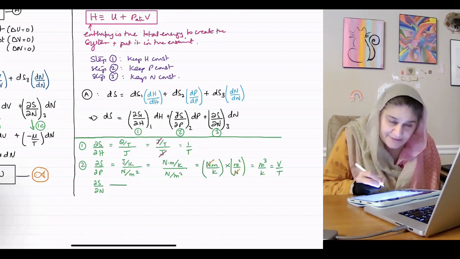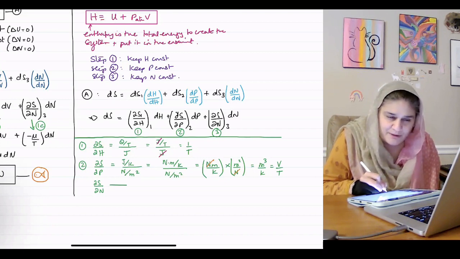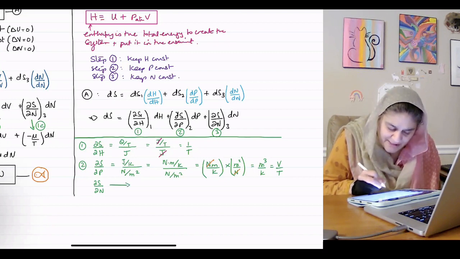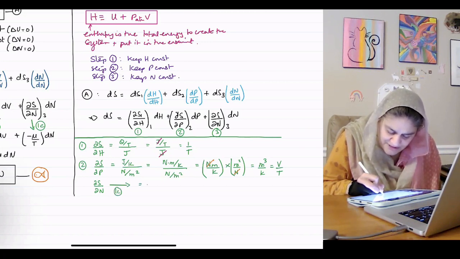Luckily, we have done this before. That is the same as 1C, which was just equal to minus mu over T.